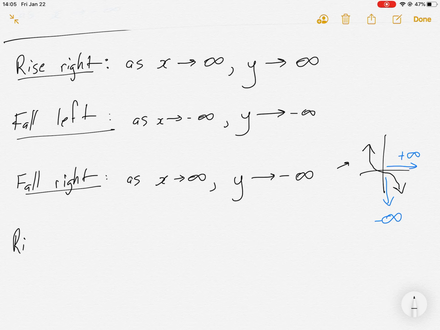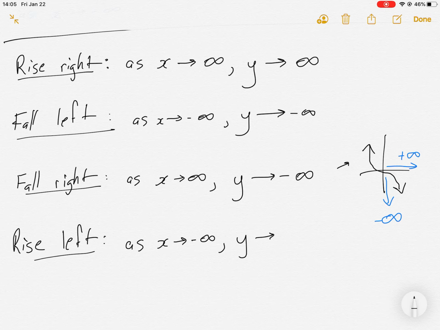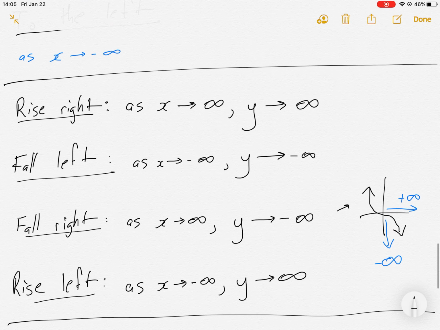And then the last combination would be if I rise left. This means as x approaches negative infinity, y is going to keep rising, and so we're going to go to positive infinity. So these are the only possible end behaviors for a parabola. Sorry, not a parabola.